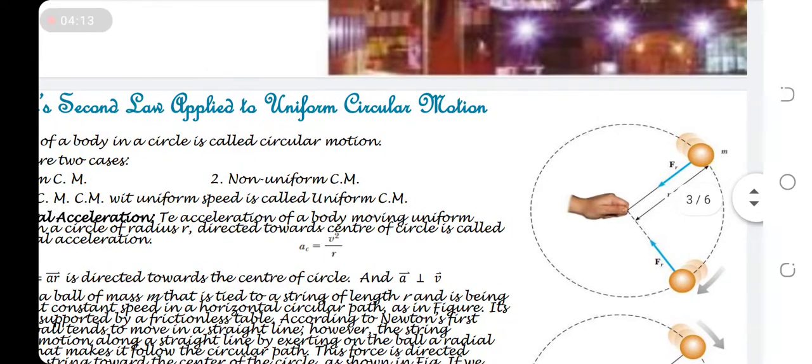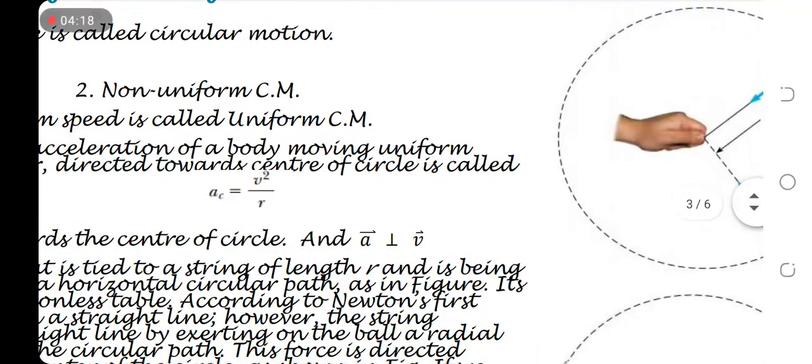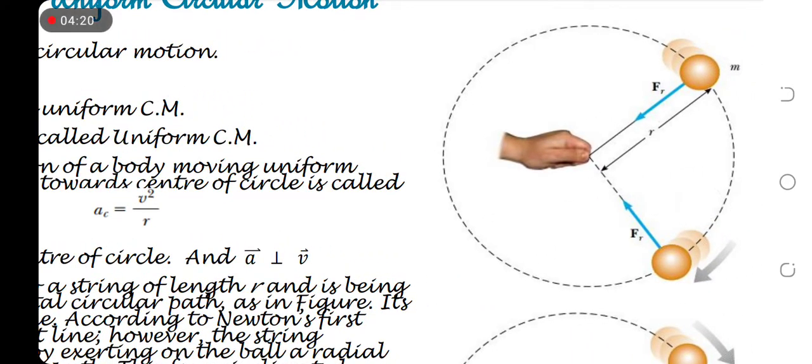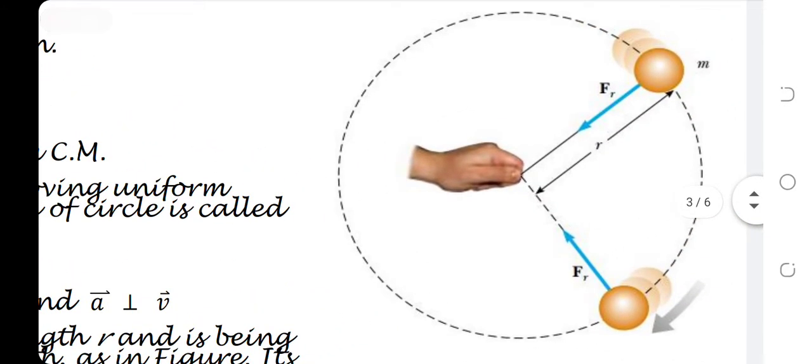We can see a body of mass m is tied with a string. Another end of the string is held by a person's hand. It is whirled in a circular path of radius r in a clockwise direction.